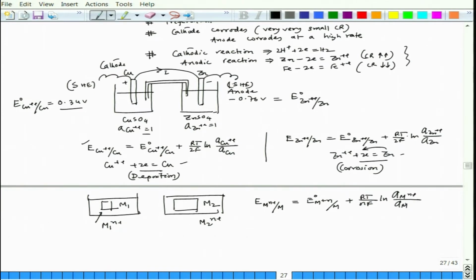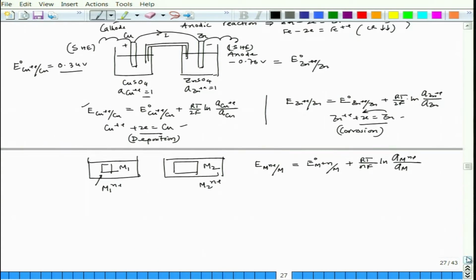This is the generalized form we can use, and we know that there is a series that exists. For example, here if this value is greater than that, then M1 would be anode and M2 would be cathode.